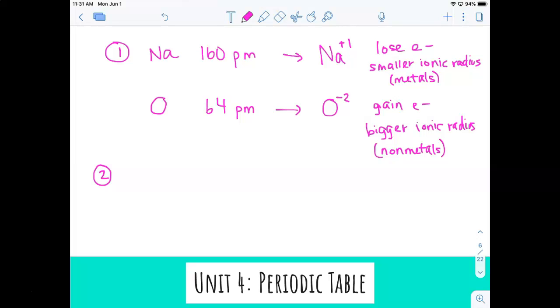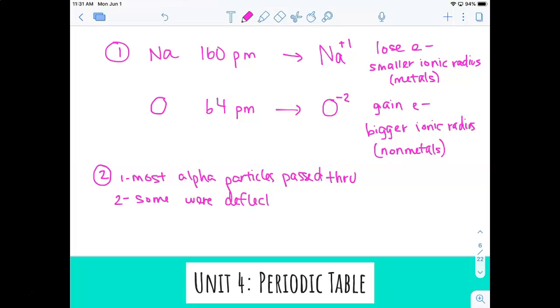He noticed that most alpha particles went straight through the foil. That was one thing that he noticed. And the second thing that he noticed was that some were deflected. So it was almost as if they hit something inside the atom and bounced off. So these were his 2 observations.